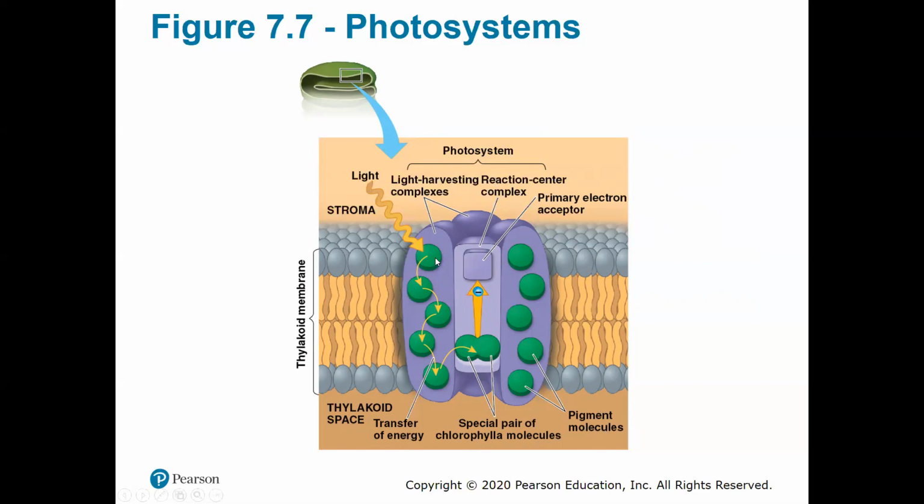As light hits one of these pigment molecules, and they can be different kinds of pigment molecules, that's the beauty of the photosystem. There are usually many kinds of pigments here that specialize in absorbing different kinds of light. So as the light hits this pigment, the electron will be excited.